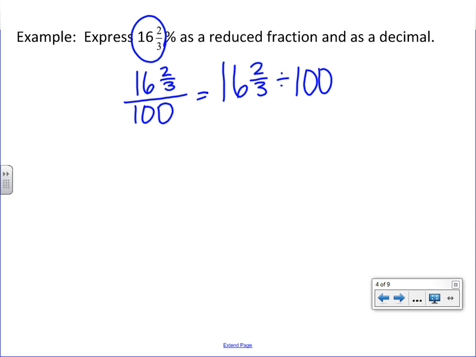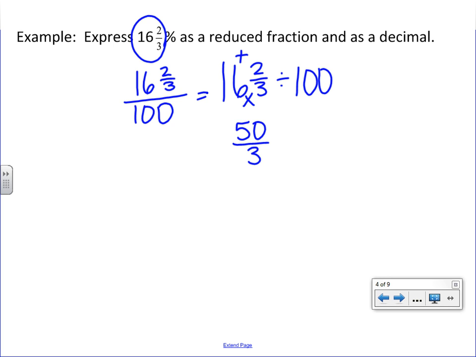Now when we do this, we have to change this mixed number to an improper fraction to be able to do the math. So remember, when we change to an improper fraction, we take denominator times whole number, and then once we have that answer, we add it to the numerator. So 3 times 16 is going to get us 48, plus 2 gets us 50 over that 3.